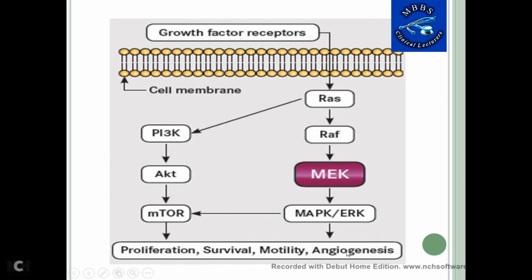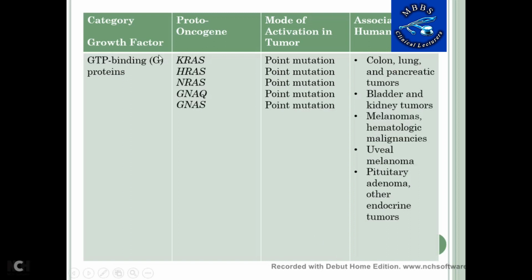It induces proliferation, survival, motility, and angiogenesis, all of these things. So RAS is a signal transduction protein involved in multiple factors in different kinds of cancer formation. You can see that there are types of proto-oncogenes which are the growth factor transduction proteins, GTP binding proteins: KRAS, HRAS, NRAS, GNAQ, and GNAS.